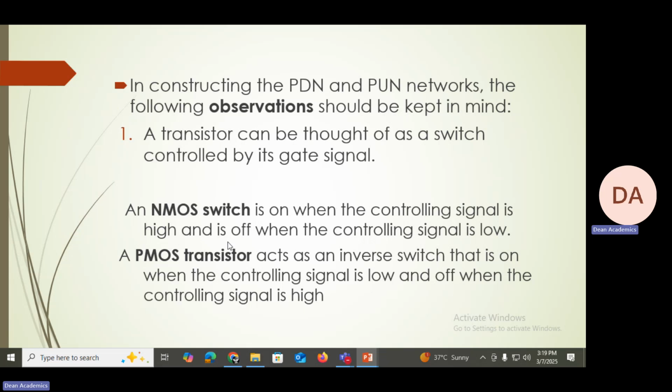Just the reverse of the N transistor. So hope you followed what is an N switch and what is a P switch. An N transistor as a switch is on when the input is high and off when the input is low. Vice versa with the P transistor.